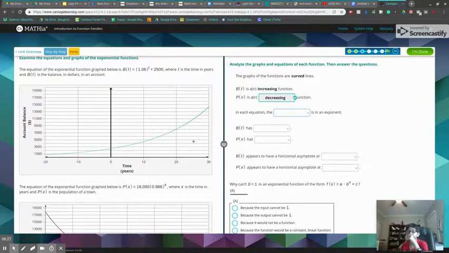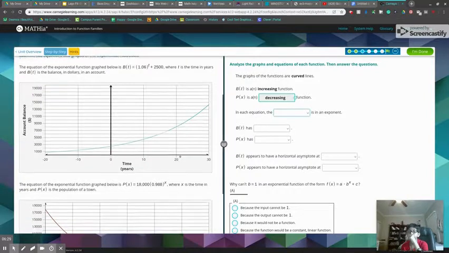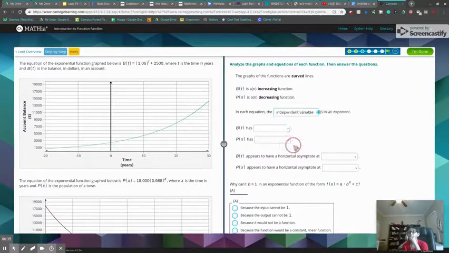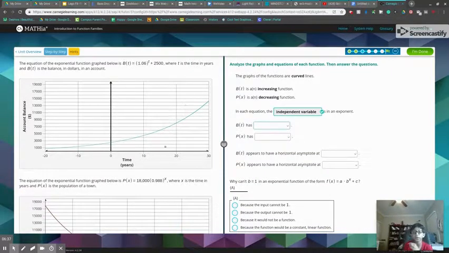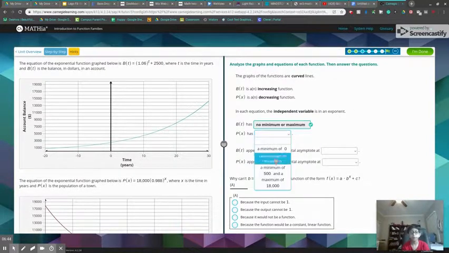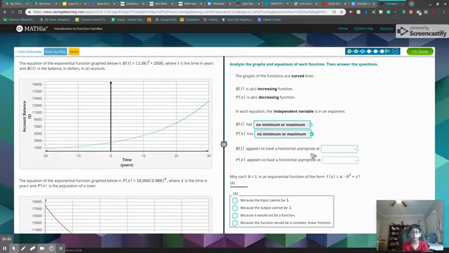And then in each equation, because x is the independent variable. And b of t has no maximum or minimum. p of x has no maximum or minimum either.